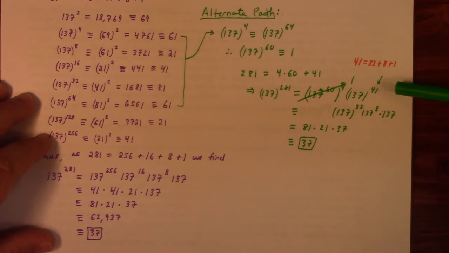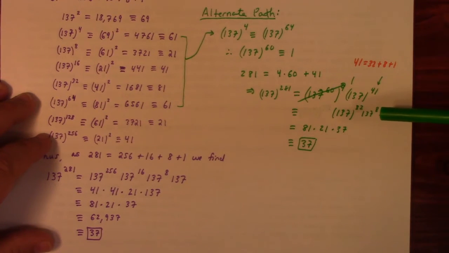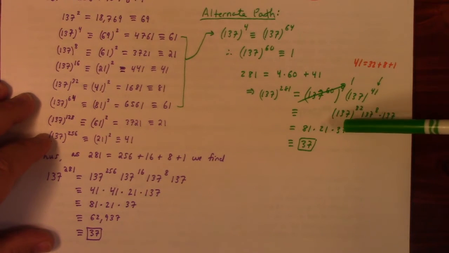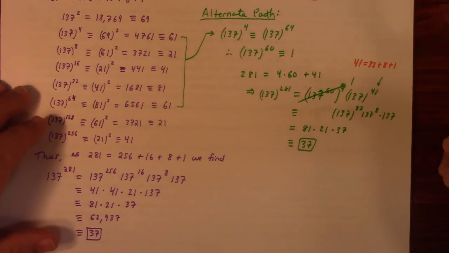That's just congruent to 1, and I'm left with 137 to the 41st power, but 41 is 32 plus 8 plus 1, so I can just do 137 to the 32nd times 137 to the 8th times 137, which is congruent to 81 times 21 times 37, so we're right back to where we got in the next to last step in that purple calculation. So we again get 37.